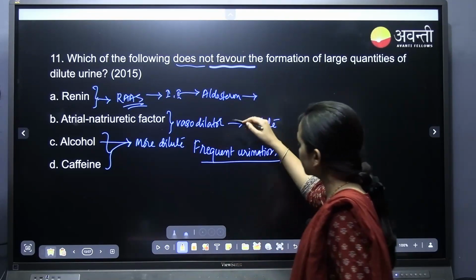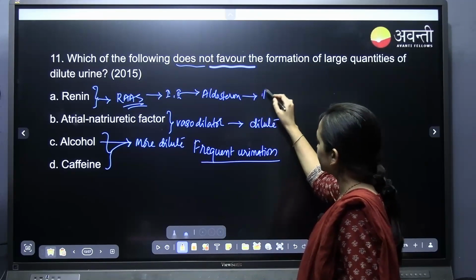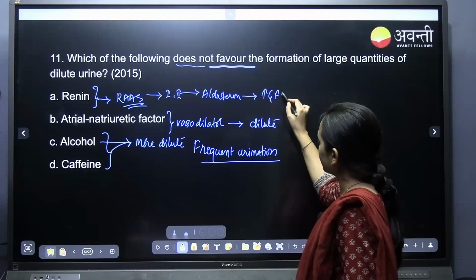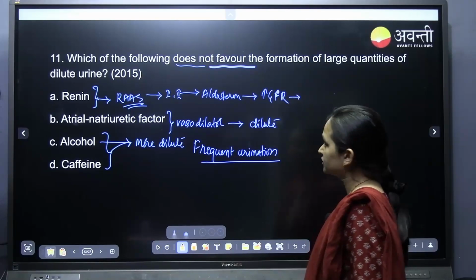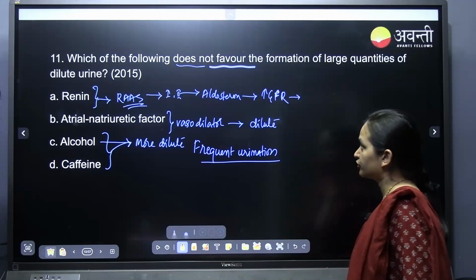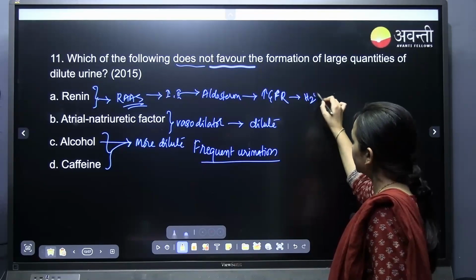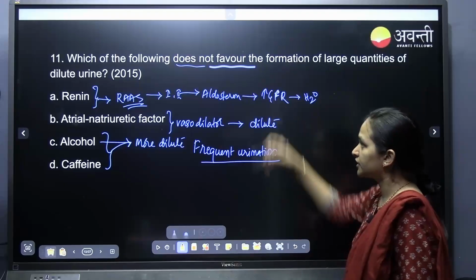Ultimately, it concentrates the urine, isn't it? It increases the glomerular filtration rate, GFR, and it concentrates the urine definitely. Reabsorption of water takes place.